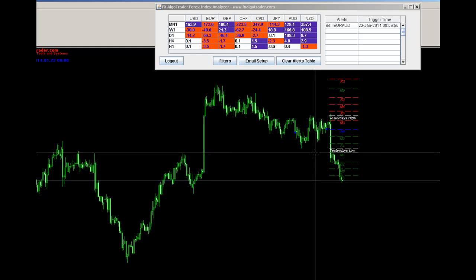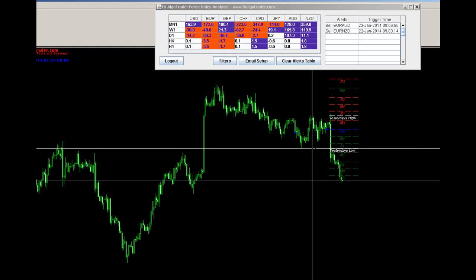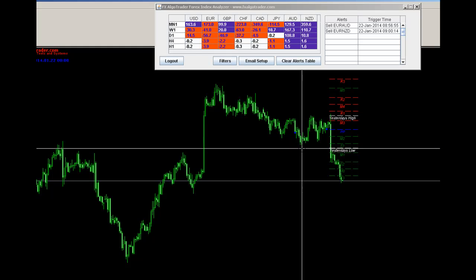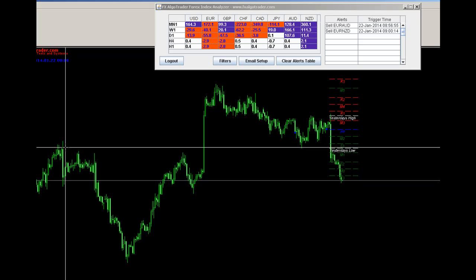I mean, clearly the obvious entry point is to go short if price retraces and retests yesterday's low, which coincides with the swing low point back here, and also the previous levels of resistance which were experienced back on the 9th of January this year.